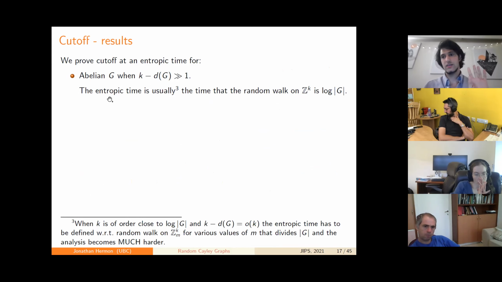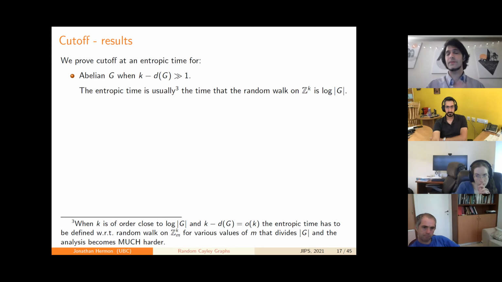Just so you have a concrete idea, usually the entropic time will just be the time at which the random walk on Z^K has entropy log of the size of the group.